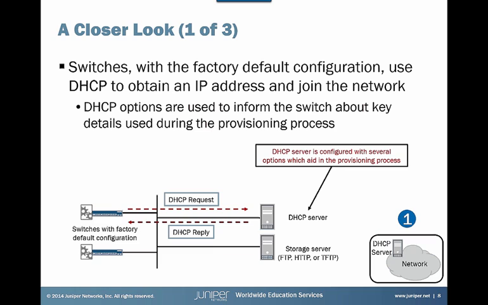In that DHCP communication process, the switch or switches receive details and instructions by way of DHCP options, and it's through those DHCP options that they know about the storage server and the transfer method, whether it be FTP, HTTP, or TFTP.